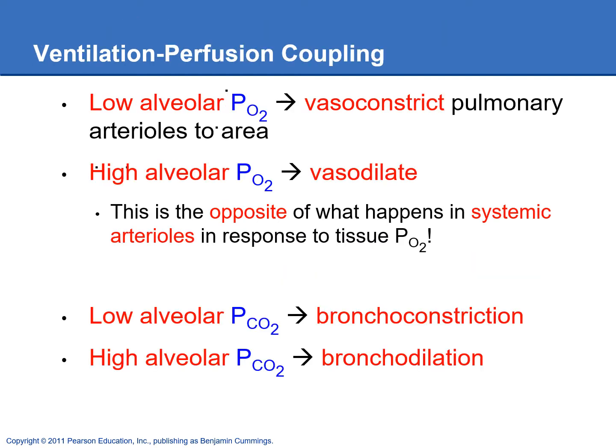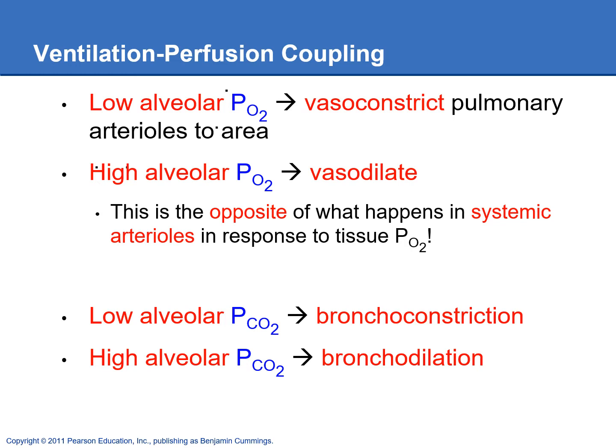In ventilation-perfusion coupling, if the alveolar partial pressure of oxygen is low, that will cause the pulmonary arterioles to vasoconstrict. And the reason that happens is because the body is saying, well, why would we want to bring blood to this alveolus if there's not very much oxygen to pick up?